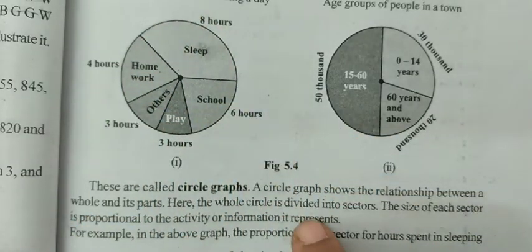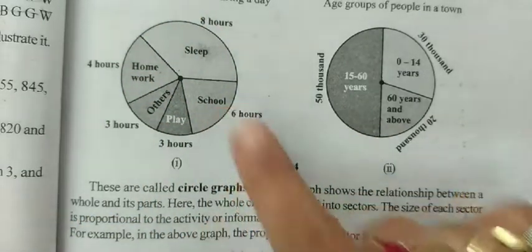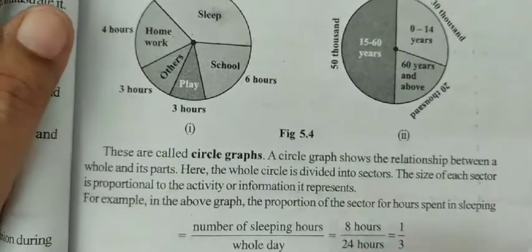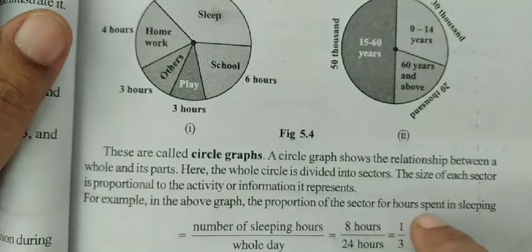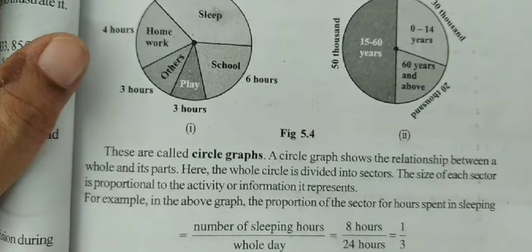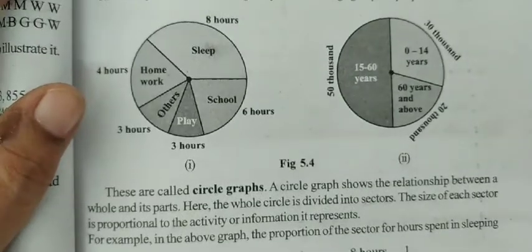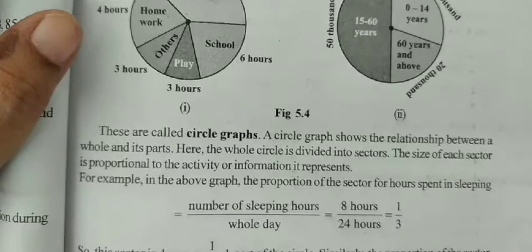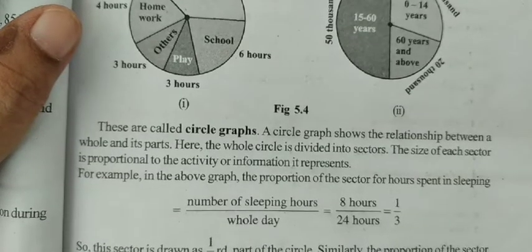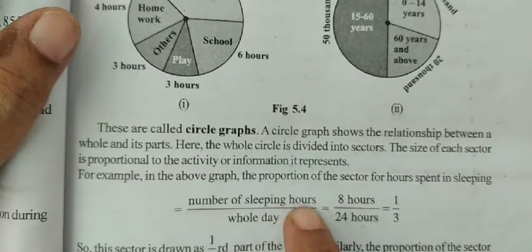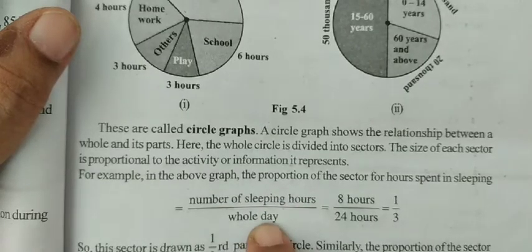It depends on that. For example, in the above graph, the proportion of the sector for hours spent sleeping. How many hours has a person spent sleeping? Then in that case, how do you calculate the proportion? What you will do is number of sleeping hours divided by whole day.